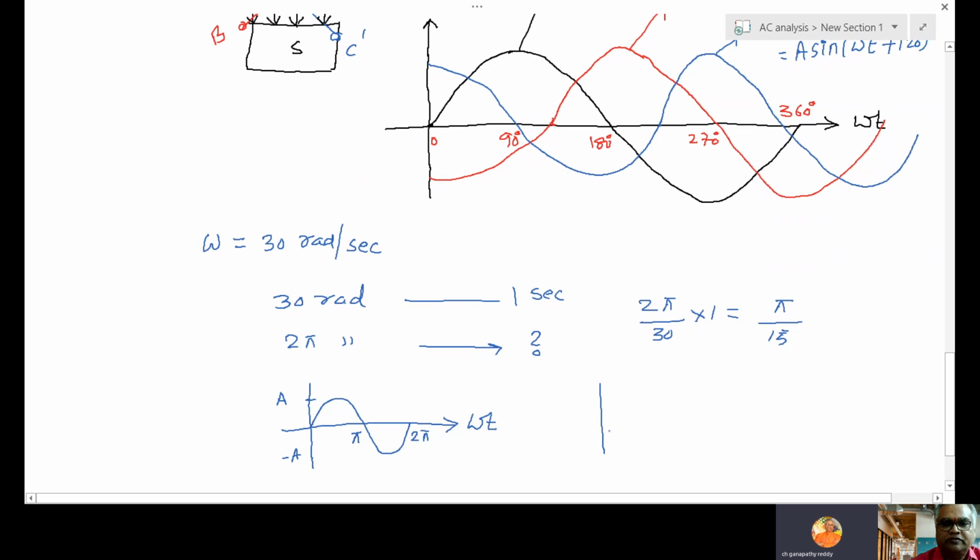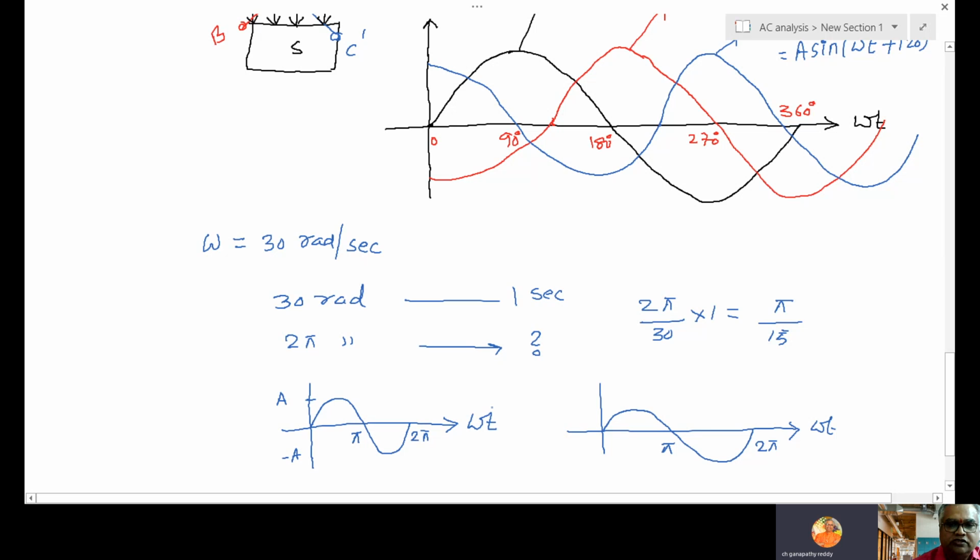If I draw expanded version like this, here also pi and 2 pi only. But time for this not same, but always we are showing pi, 2 pi only.